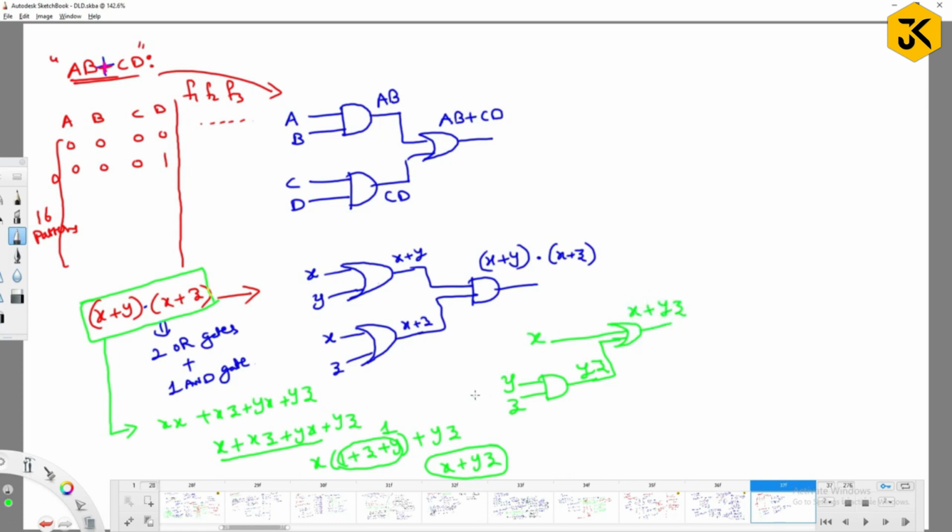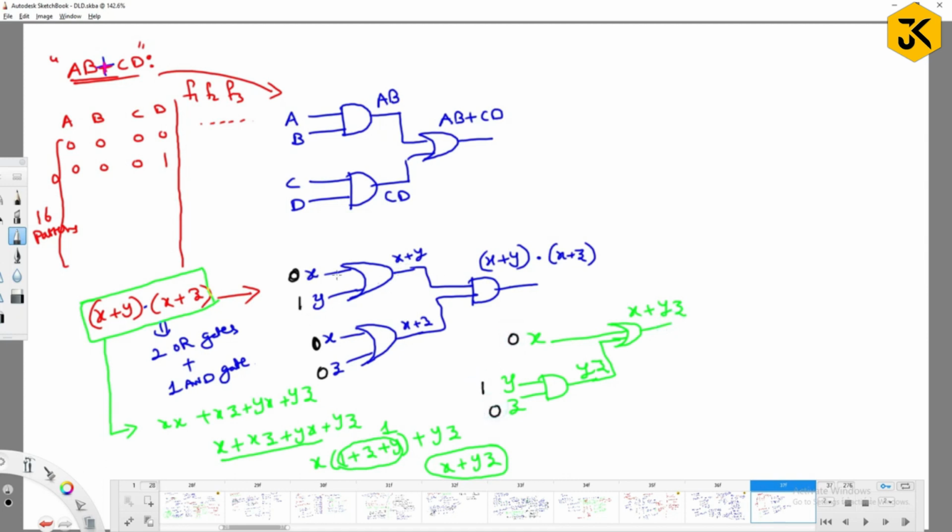See guys, if you give the inputs in any order, say 0, 1, 0, the same result will be produced by this circuit as by the other circuit. See, x is 0, y is 1, z is 0.